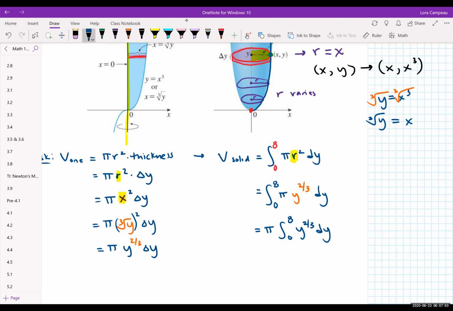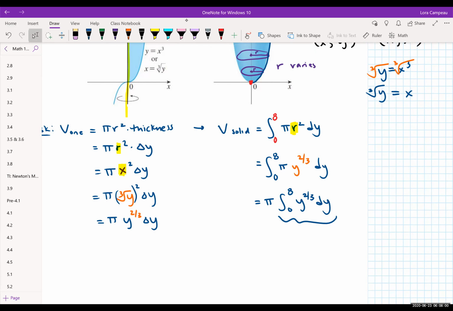with respect to Y. And now I would most likely be inclined to use my TI at this moment. Punch that into your TI. You can do it by hand. It's not too bad, but we're already thinking about solids. So when we do use our TI, we get a decimal that we cannot turn into fractions. It's like 19.2000 and so on. So we can say that that is about 19.2.